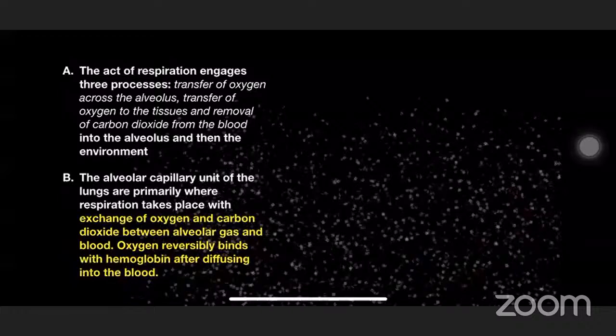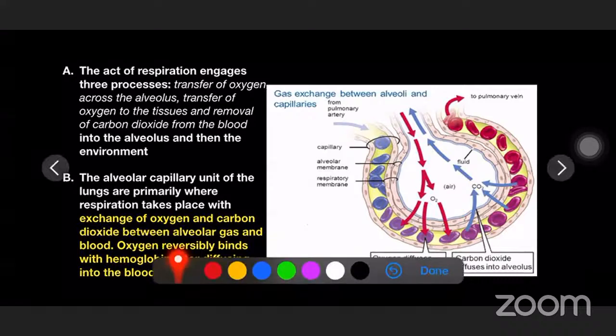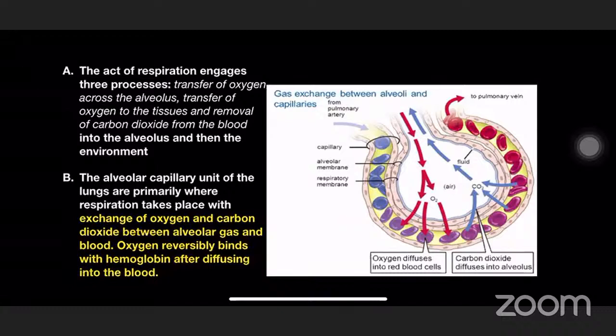Now we'll see the act of respiration. How does it happen? It basically occurs in three major steps. First, transfer of oxygen across the alveolus, transfer of oxygen to the tissues, and removal of carbon dioxide from the blood. As you can see in the picture, this is an alveolus. First, the oxygen diffuses into the red blood cell.